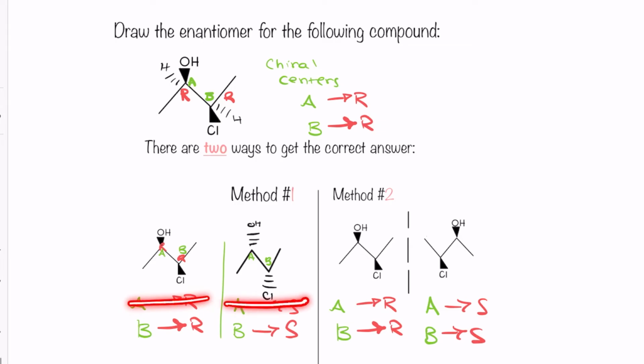Yeah, they are enantiomers. But you have to remember that if you draw the mirror image of this compound here, it's going to look like this, and this structure is the same as this structure, just turned around. So technically, these two are still non-superimposable mirror images of each other. It's just that this one is turned around, so we can't see that at the moment.